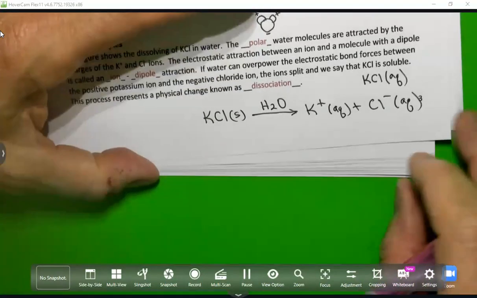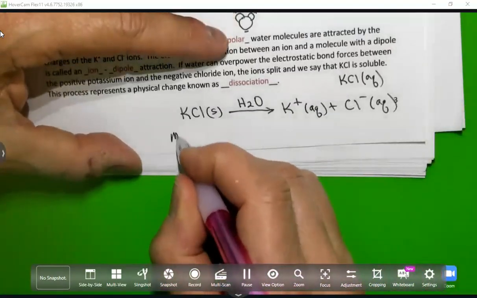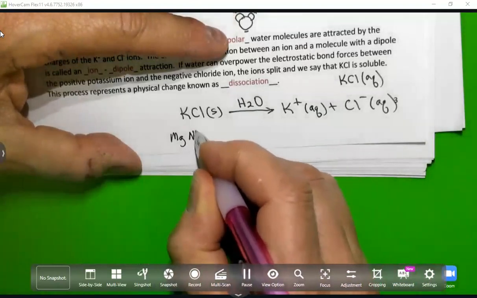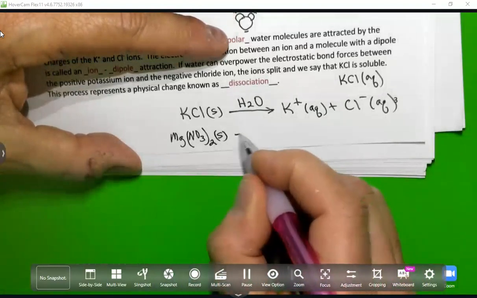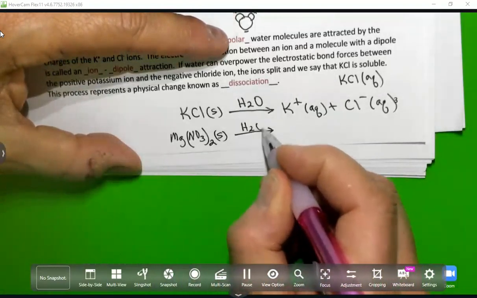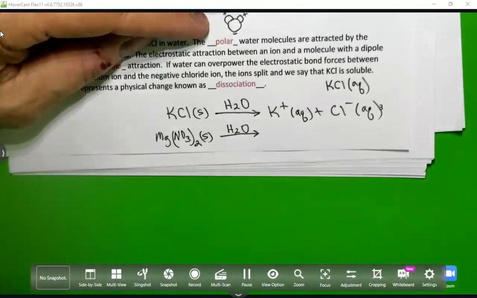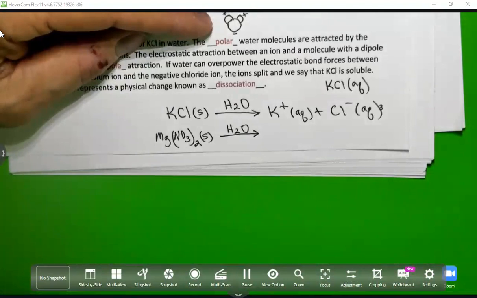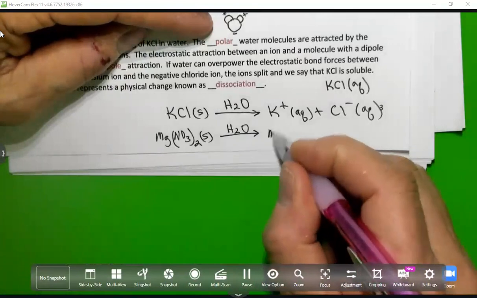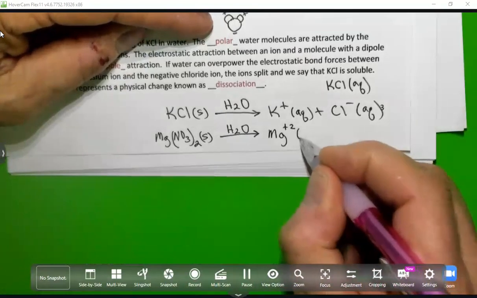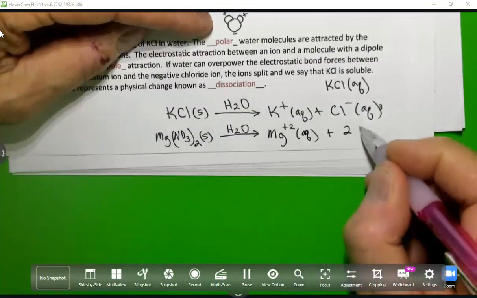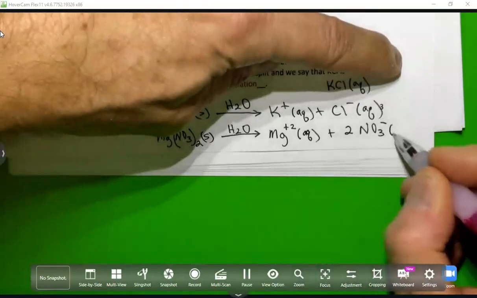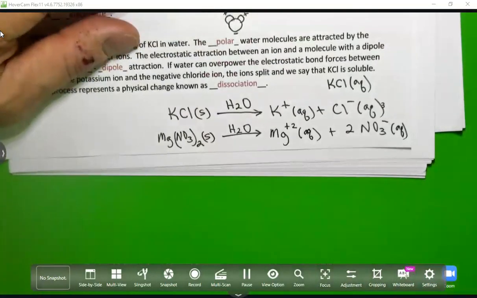Be careful now, because the next thing would be something like magnesium nitrate. Magnesium nitrate is aqueous. Mg plus 2 aqueous plus 2 NO3 minus aqueous.